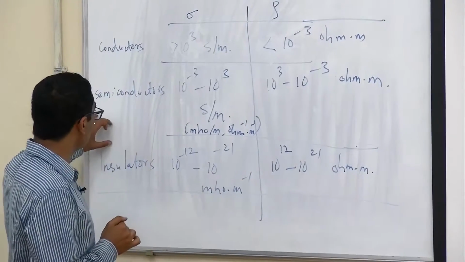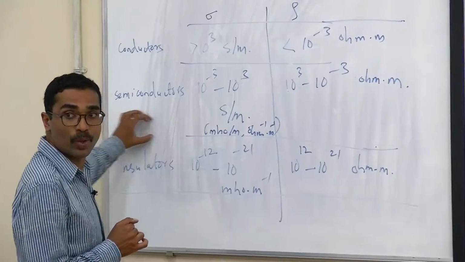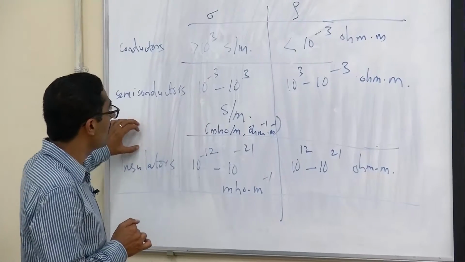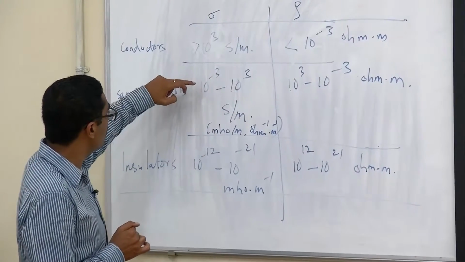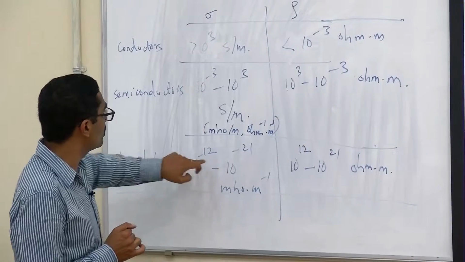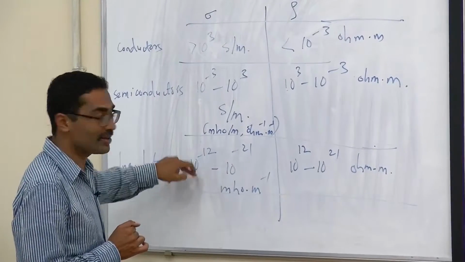So in principle you can add one more row here, doped semiconductors, and they can actually have conductivities between this value to this one.